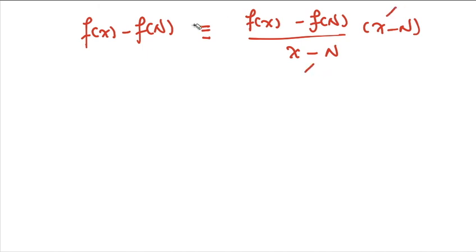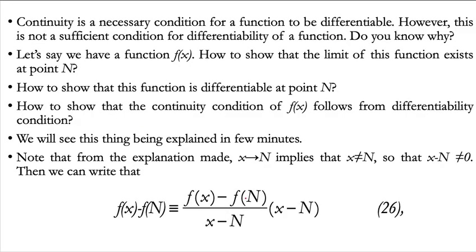Then they are equal, but I leave it like that because, remember, I want to explain that the continuity condition follows from the differentiability condition. Here, x approaches n implies that x is not equal to n, so that x minus n is not zero. This allows us to write this kind of identity, which is equation 26.